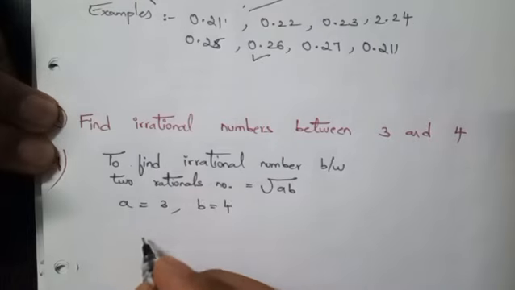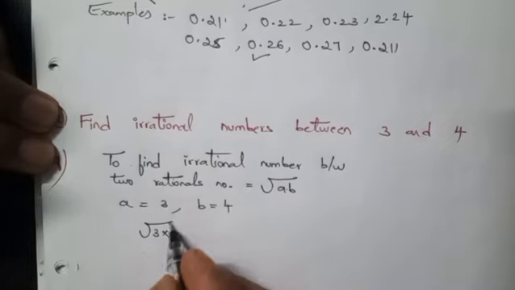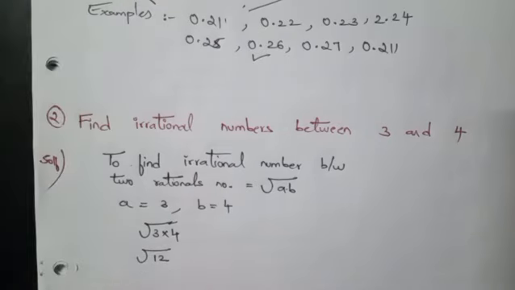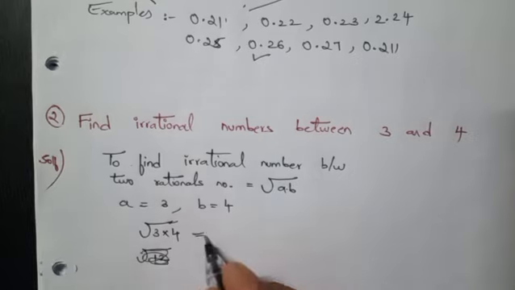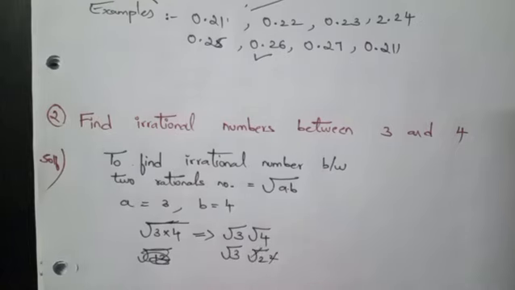Use this formula, root of 3 into 4. So 3 times 4 is 12. Better don't do it like that. Use root on both numbers, like root 3 and root 4. So you can write root 4 as 2, and the square root cancels.